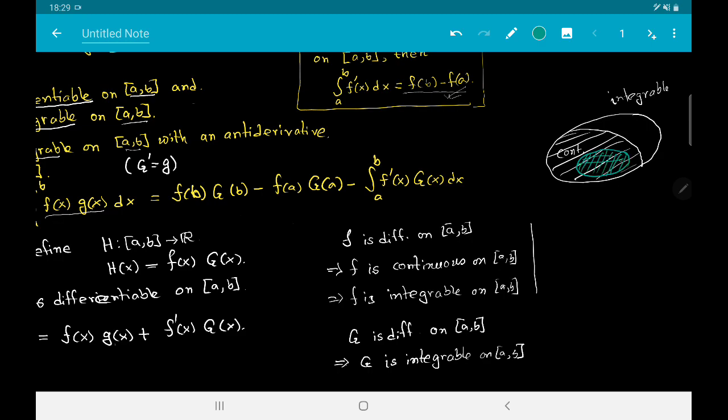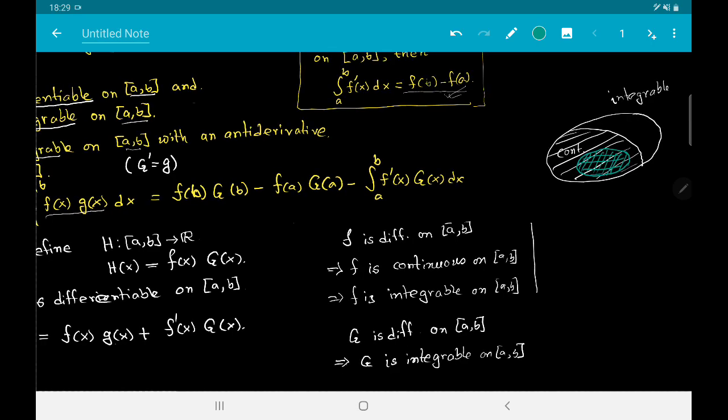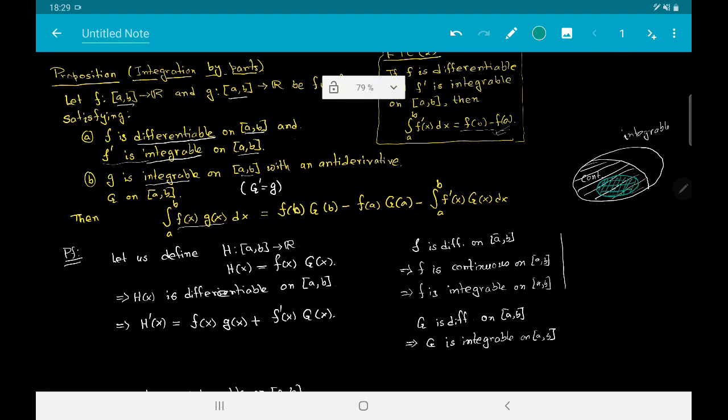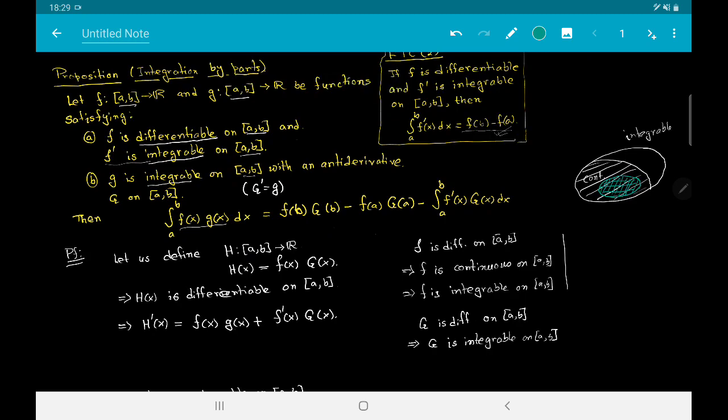All I wanted to tell you was that we have not yet dealt with the case when f and g are both merely integrable functions. Here we have treated the cases when f and g are integrable, but f comes from a very small subclass of functions. So in the next video we will talk about integration by substitution, work out one or two examples, and we will go forward. For now, thank you.